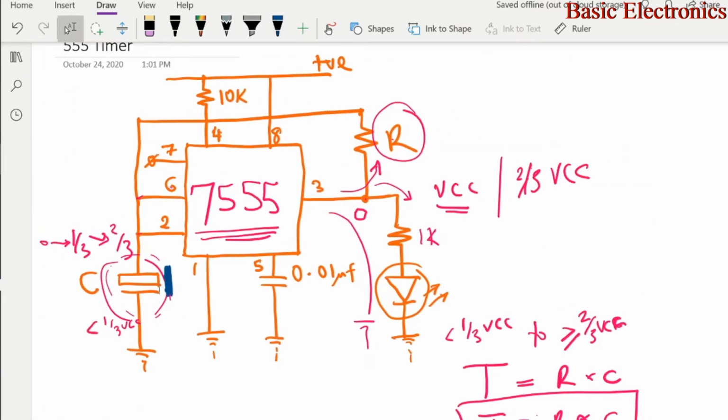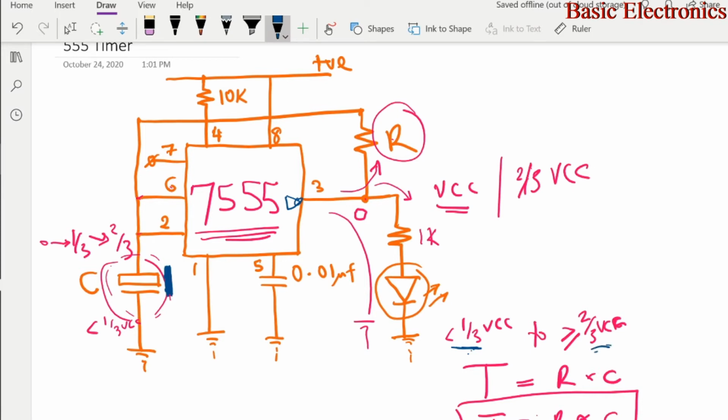That state remains true, and since pin 3 is high because of the internal inverter here, the capacitor C is charged through R, and this charges until it goes from just less than 1/3 VCC all the way to 2/3 VCC.